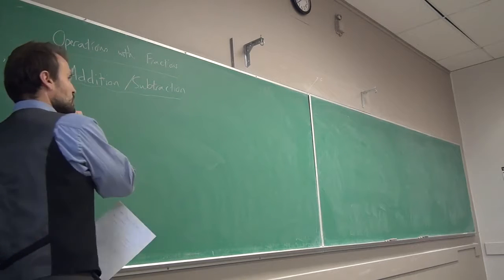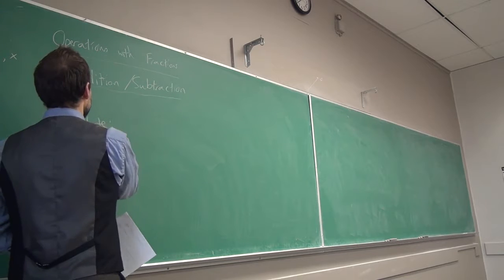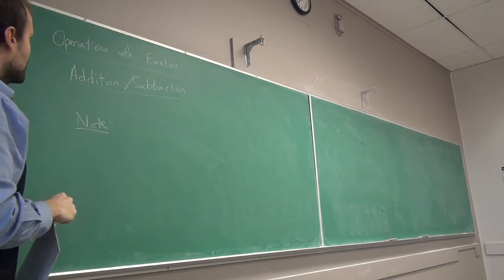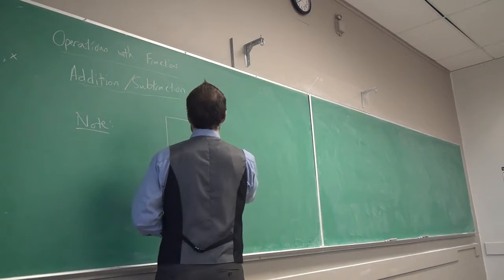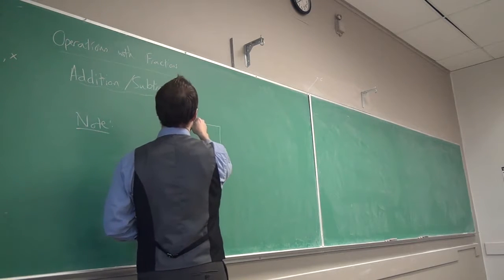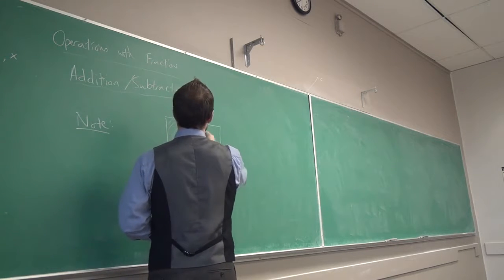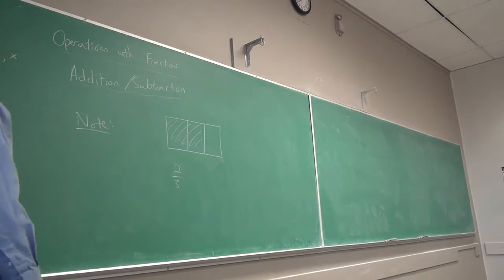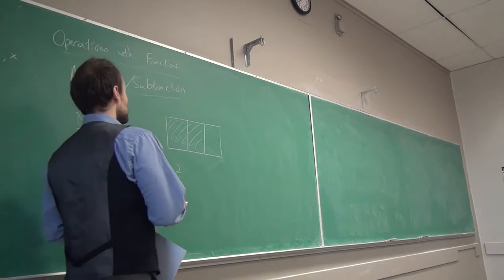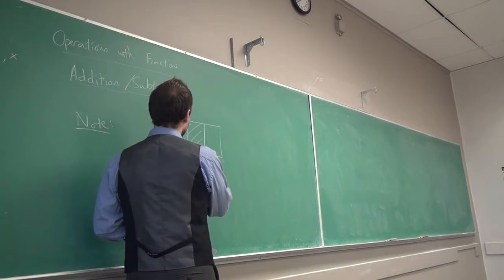What I do want to note, and we've seen it yesterday, but it wasn't maybe as explicit. If I have a fraction, let's say 2/3, we looked at equivalent fractions by multiplying the same number on both sides.